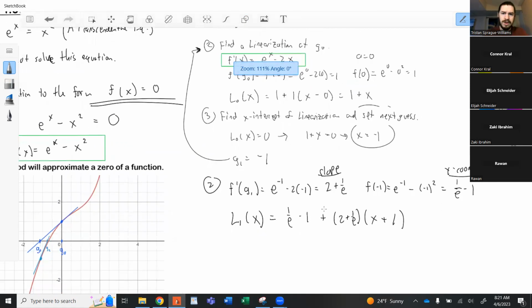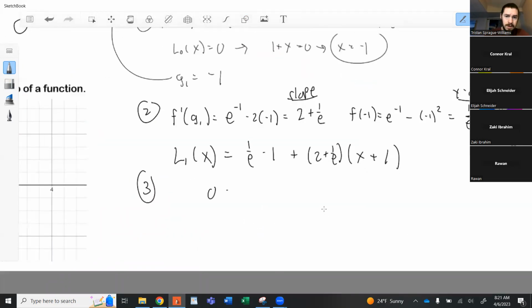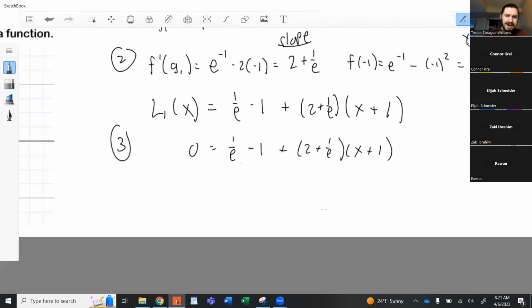Then we redo step 3, which is to set that equal to 0 and solve it. So I will move this stuff over. I'll subtract 1 over e, and I will add 1. So we'll have 1 minus 1 over e equals 2 plus 1 over e times x plus 1.